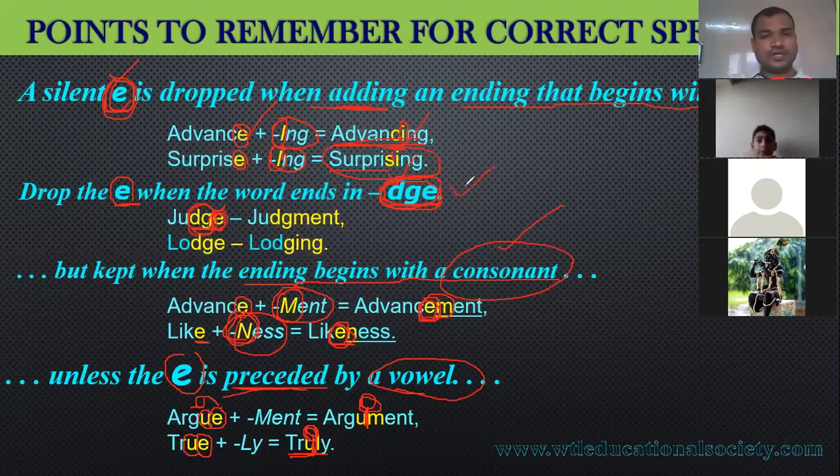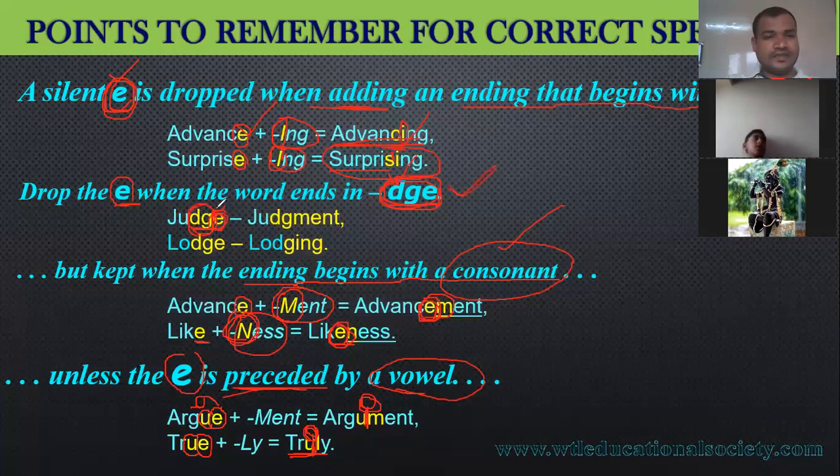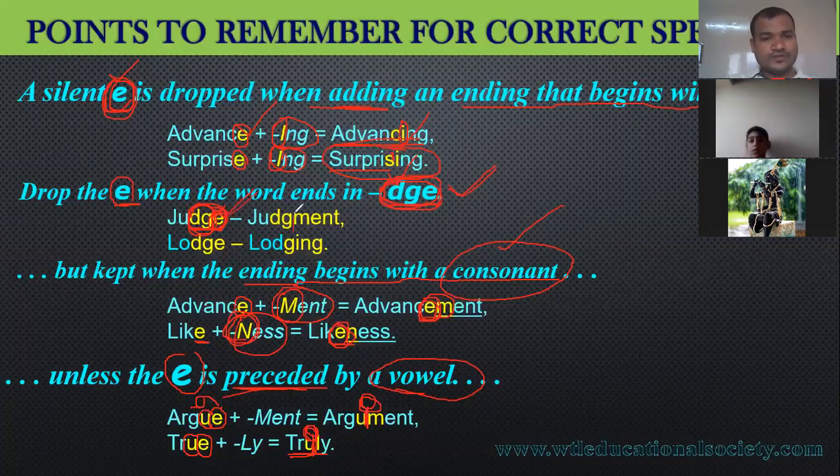So this is the rule. If a word ends with DGE, then we have to remove the last letter E. So if you observe here, there is no E, correct?